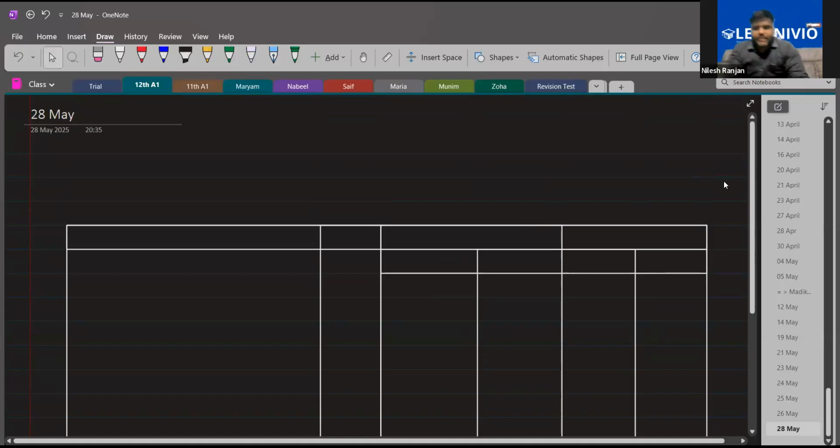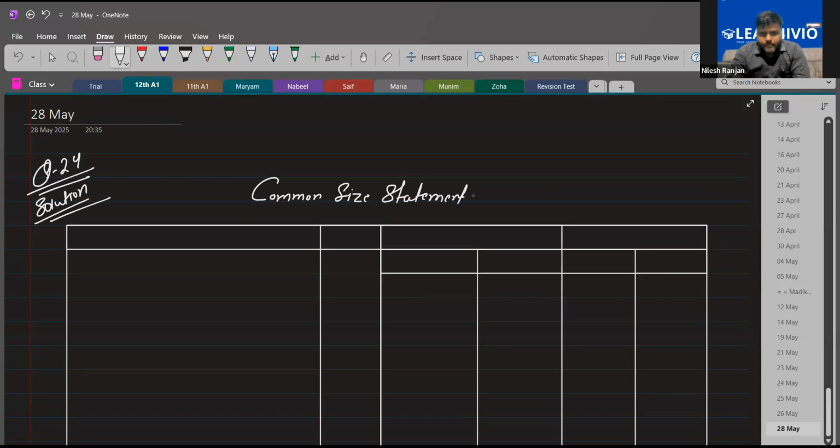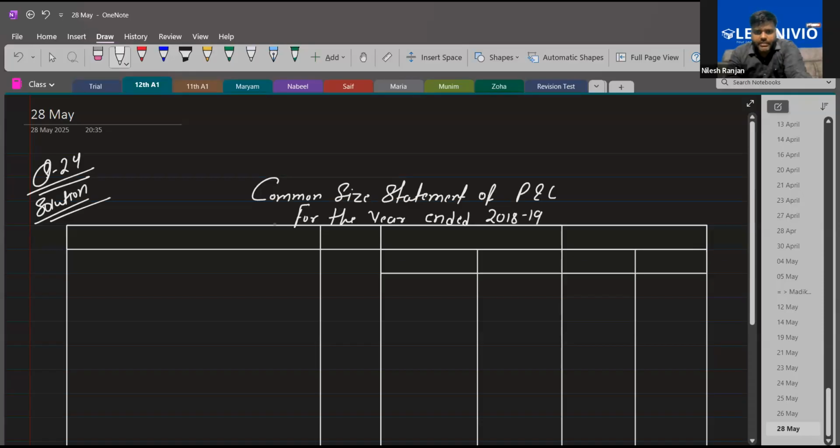So this is common size statement of profit and loss for the year ended 2018-19.